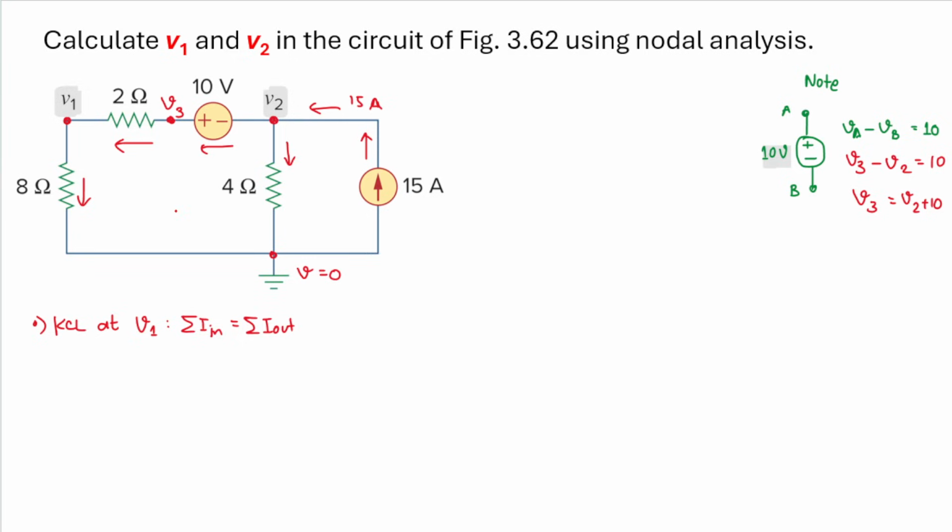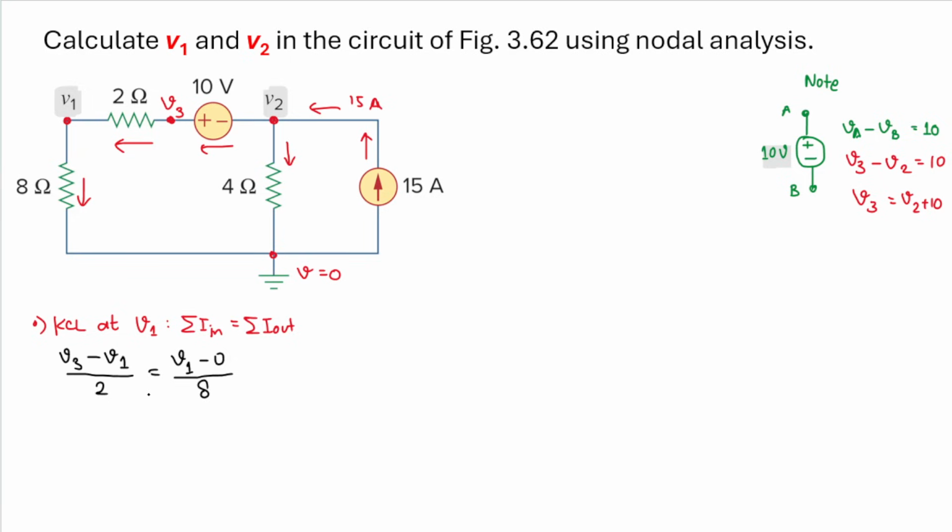The only current that goes in is this one, but we can rewrite this current as V3, where the current comes from, minus V1, where the current goes to, divided by the resistance between them, so I will have 2 ohm here. And then the current that goes out is V1, going to the ground, where the voltage is 0. So V1 minus 0, divided by the resistance between them, 8 here.